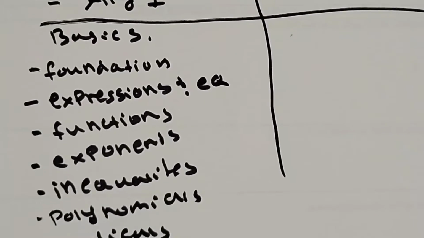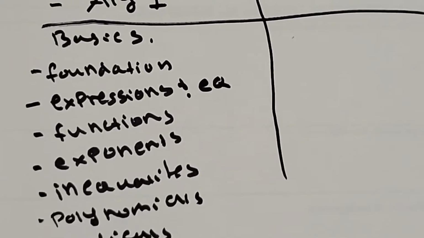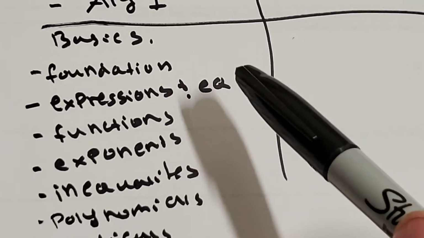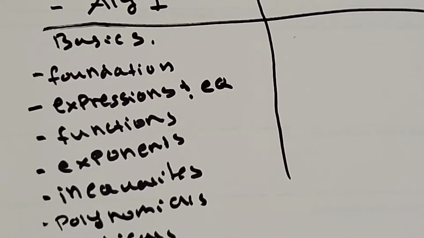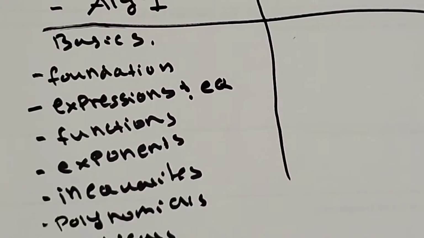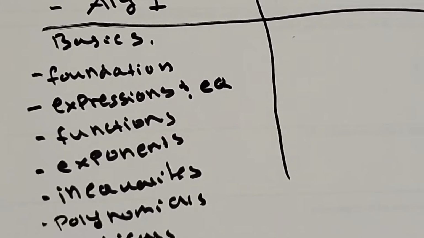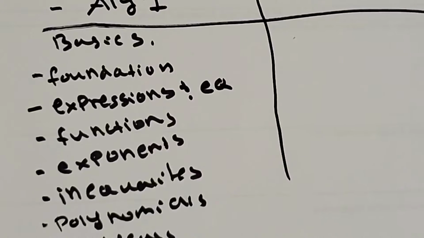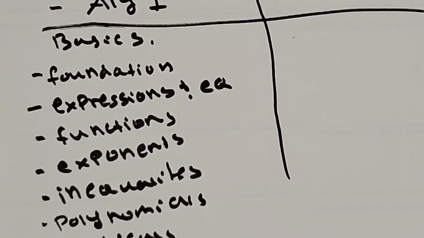So Algebra 1 is the basics, where we'll cover the foundations, building the groundwork of ideas needed for algebra. Then we have expressions and equations, solving them and simplifying. Functions, just introducing you guys to the idea of functions and somewhat of graphing. Most of them will be linear. Exponents, power properties and stuff like that, and polynomials and inequalities and radicals. So we cover all of this.